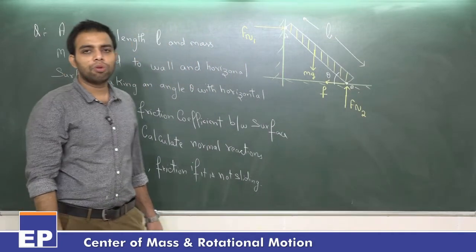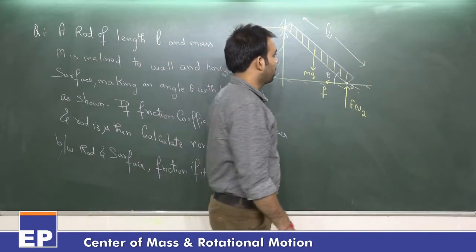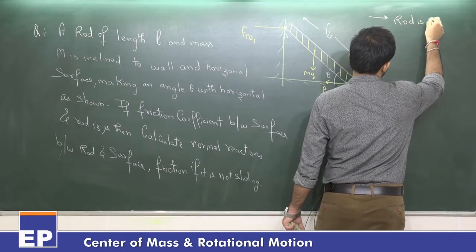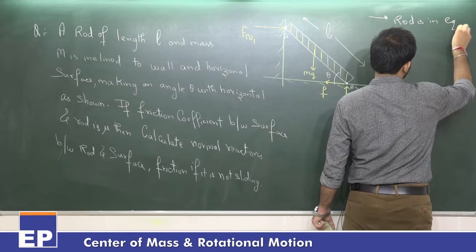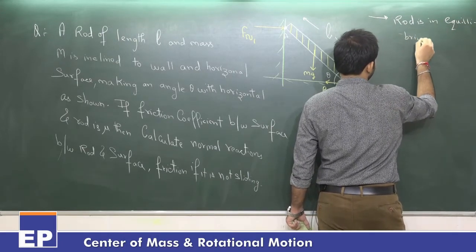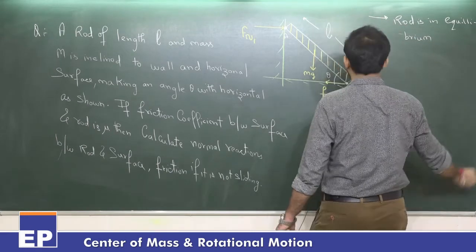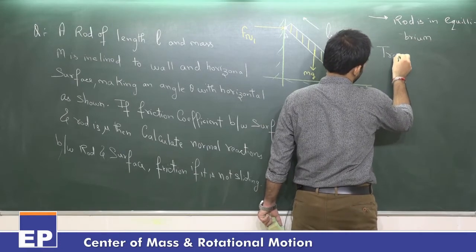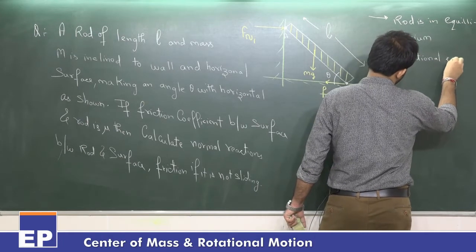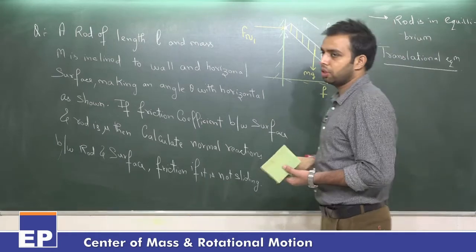So we have to calculate the value of the normal reactions and the friction if it is not sliding. Not sliding means it is in equilibrium. Rod is in equilibrium. If it is in equilibrium, that is translational equilibrium as well as rotational equilibrium. So for the translational equilibrium, we can say net force in horizontal direction as well as in vertical direction is 0.